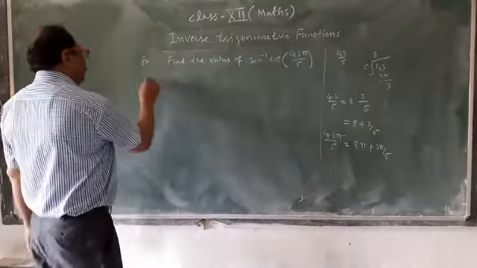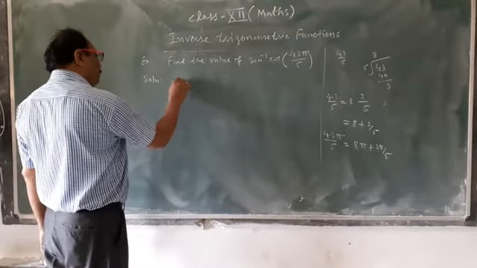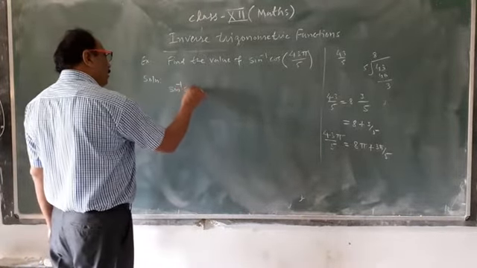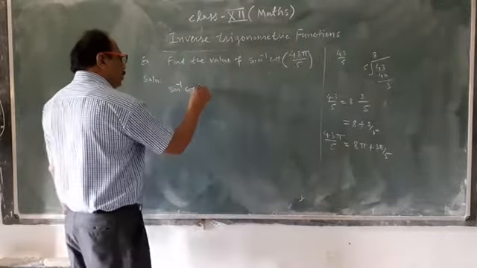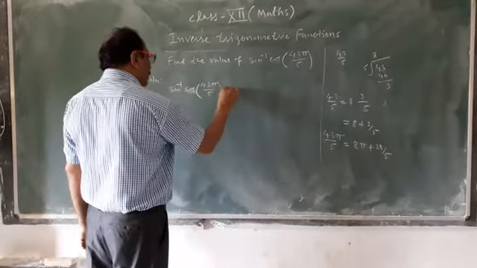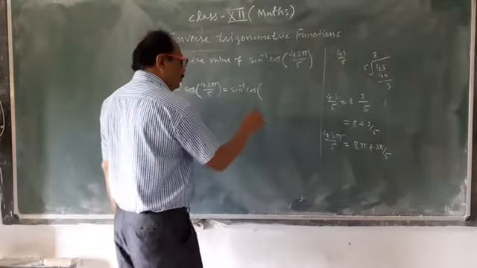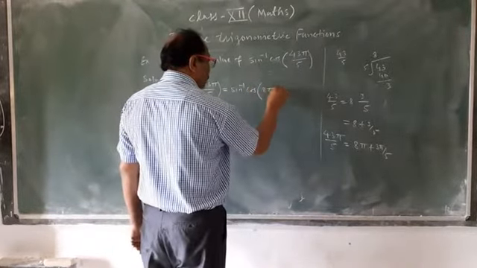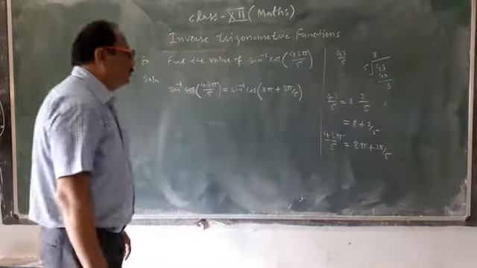Therefore, sin inverse of cos of 43 pi upon 5 is equal to sin inverse of cos of 8 pi plus 3 pi upon 5.